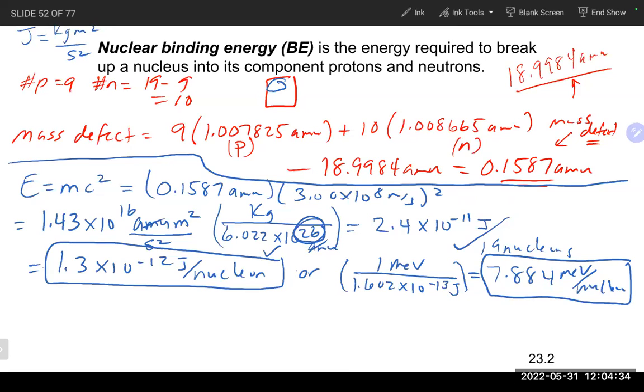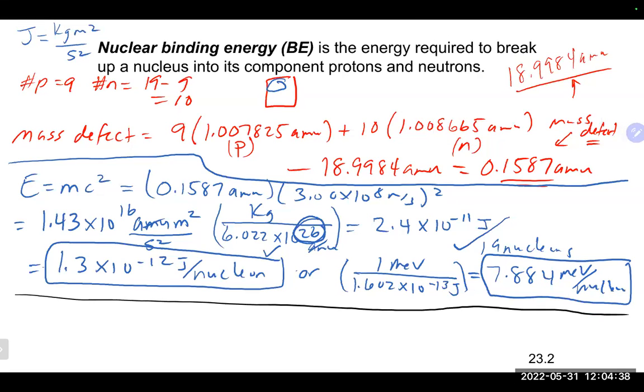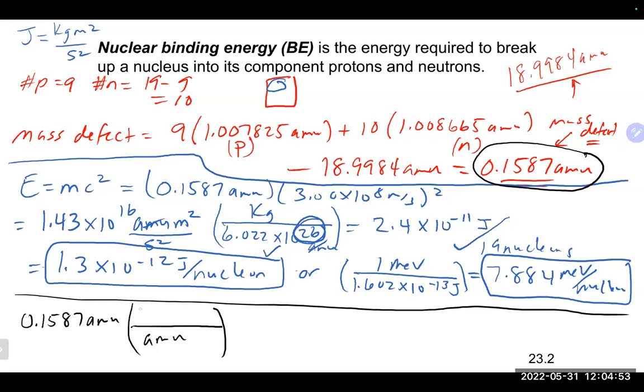If you did that, you could pick it up right here with 0.1587 AMU. 1 AMU is 931.5 mega electron volts, so you would calculate 0.1587 times 931.5.